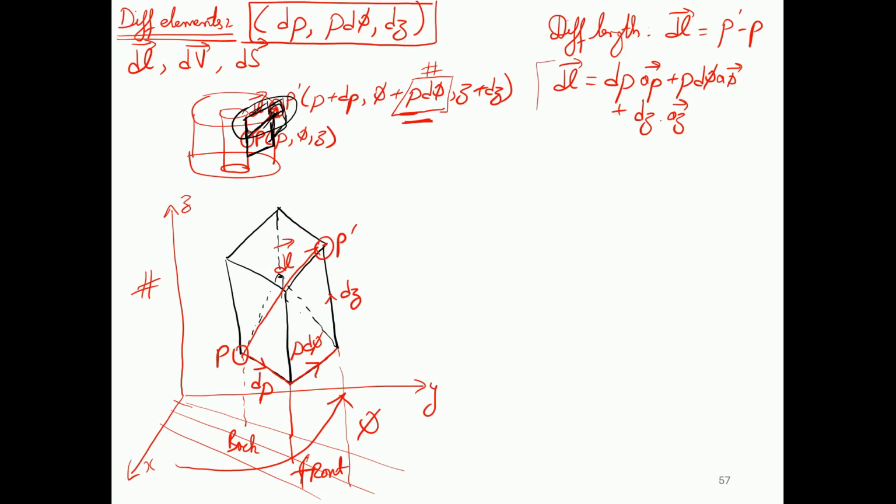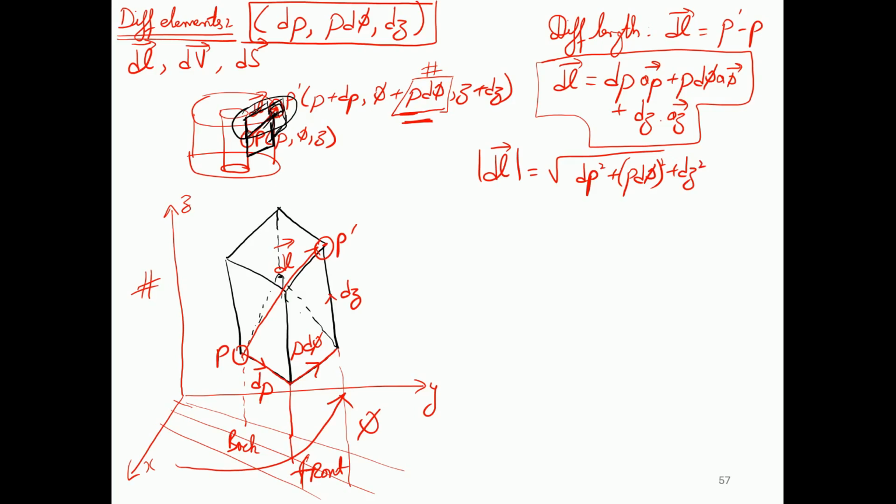So this is the d of L, or the differential element in terms of cylindrical coordinate systems. We can also take its magnitude value as well, which comes out to be the square root of d of rho square plus rho d phi whole square plus d of z whole square. So this is the representation of the differential length.